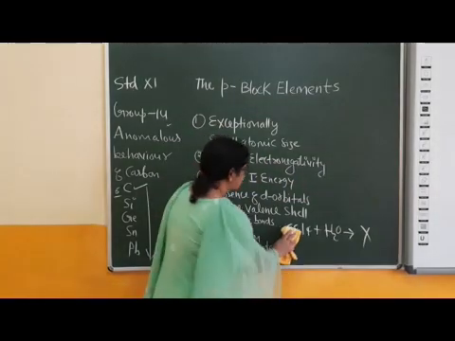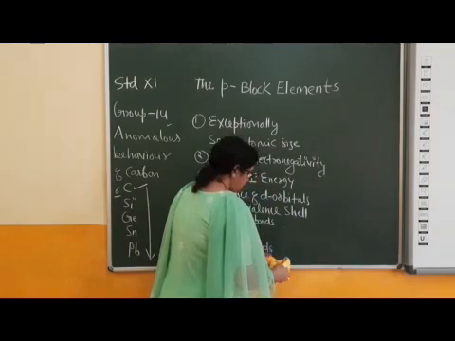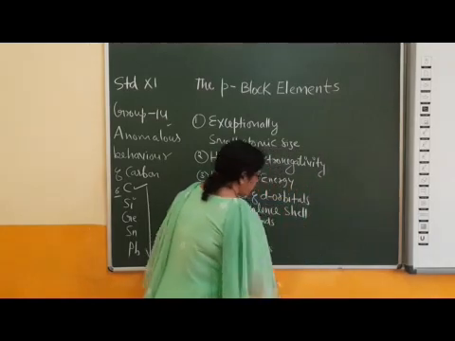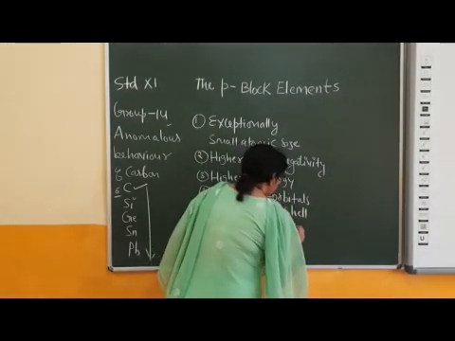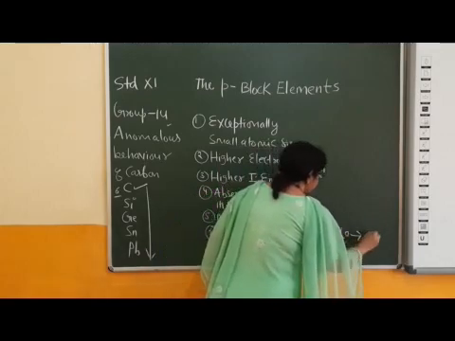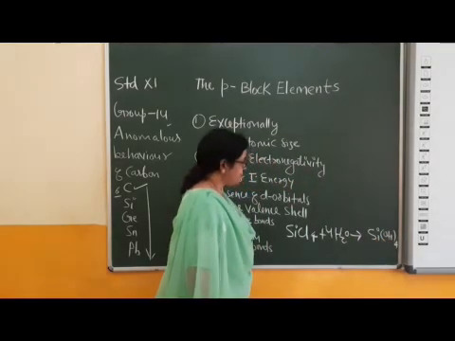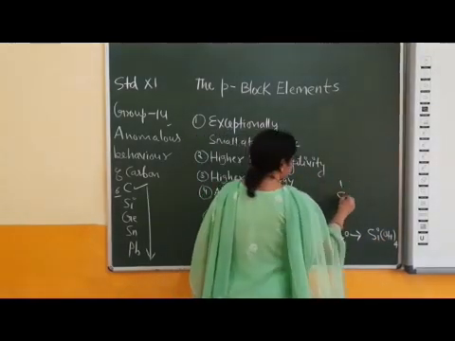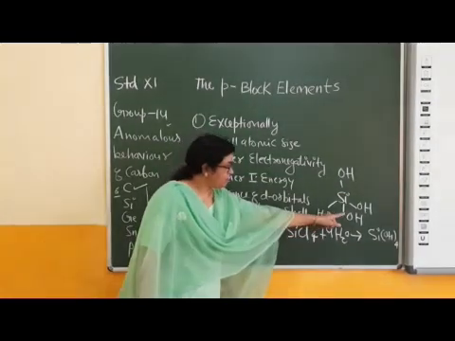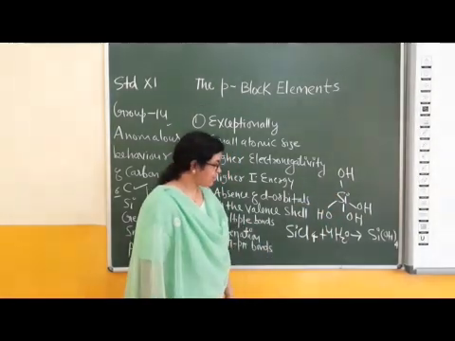But if silicon tetrachloride is taken, silicic acid is formed. The 4 chlorine atoms are displaced by 4 OH groups of water molecules, and the byproduct is acid.